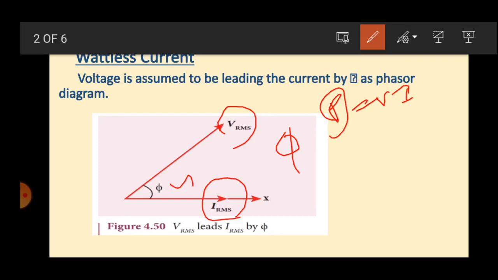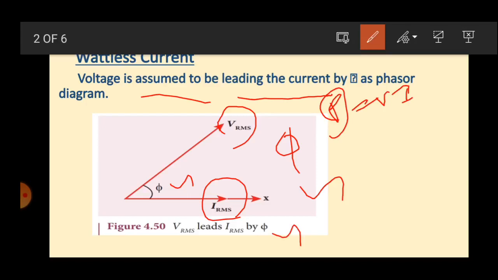So students, now consider the voltage is assumed to be leading the current by phase angle phi, as in the phasor diagram. This is the phasor diagram of voltage leading current by phi, where phi is between plus or minus pi by 2. So its symbol is phi.